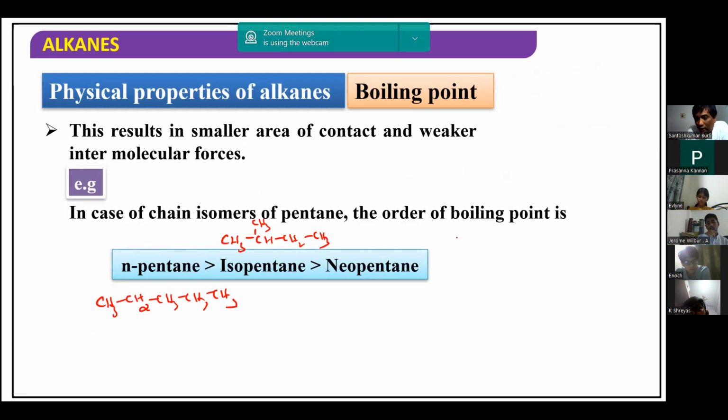Neopentane is C with four CH3 groups. All have the same molecular mass, but branching increases from n-pentane to isopentane to neopentane. Therefore, boiling point decreases as branching increases. Molecular mass doesn't have any effect here. Only size or surface area decides the boiling point.